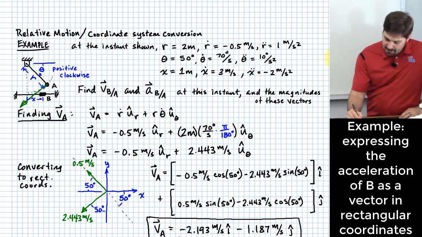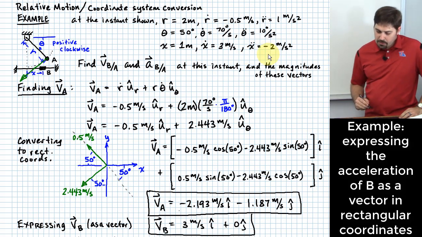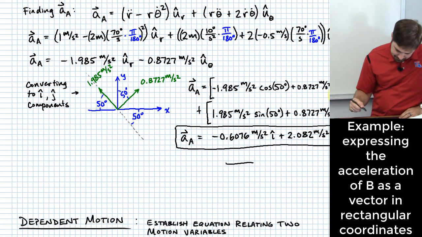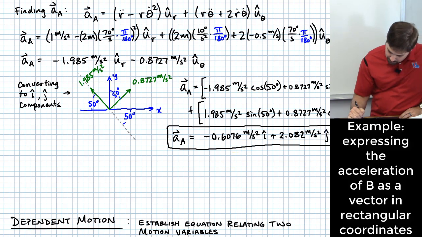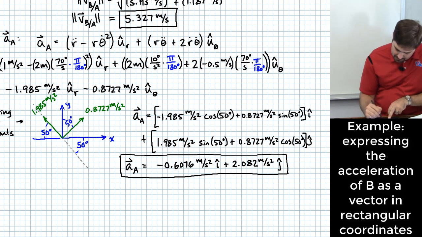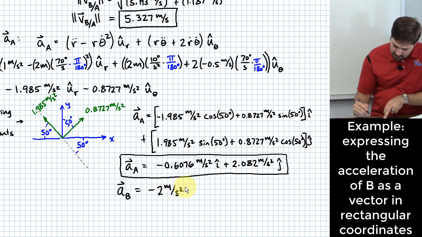So it only has an I component of acceleration, and it's given right here with x double dot, with negative 2 meter per second squared. So what we find here is that the acceleration of B is going to be equal to negative 2 meter per second squared I plus 0j.